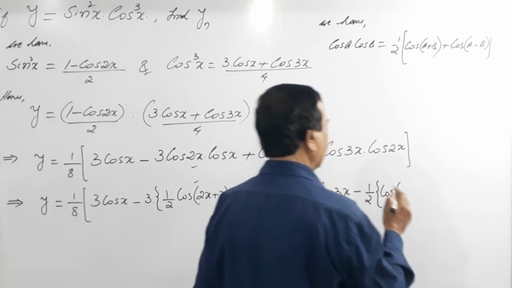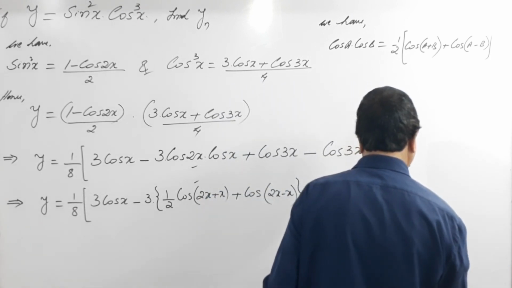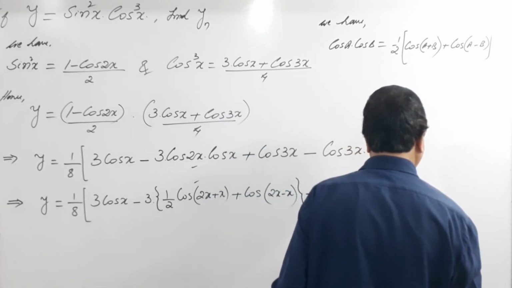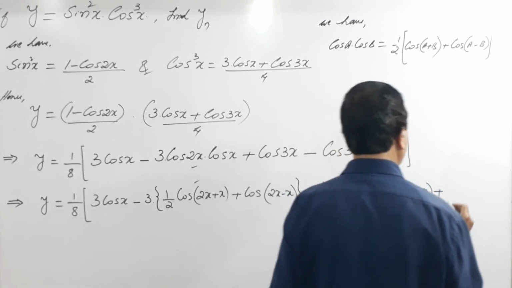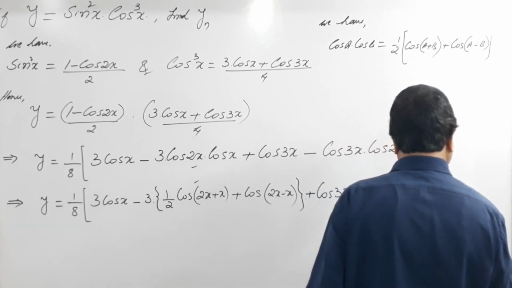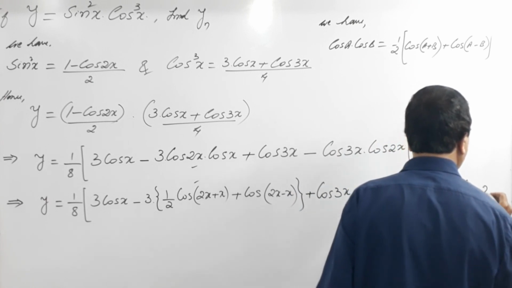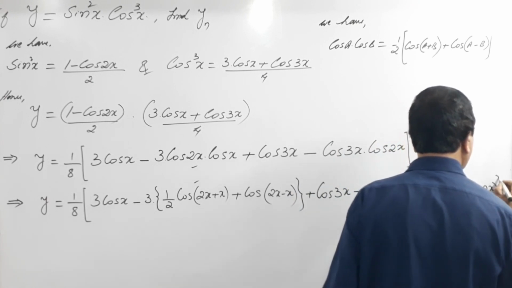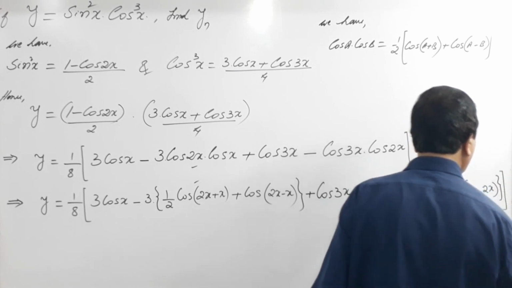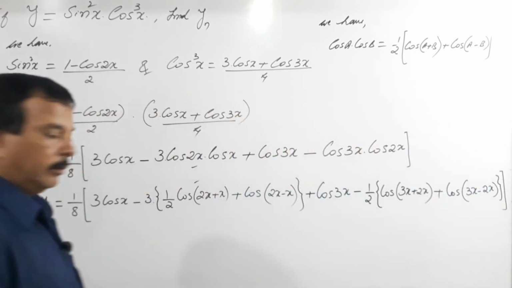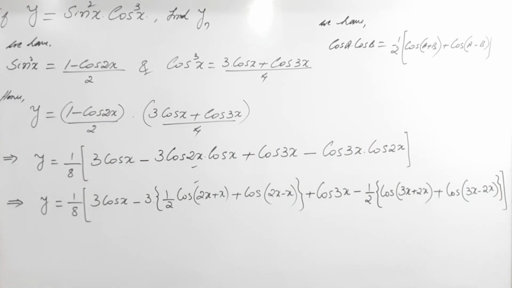So 3x plus 2x plus cos of A minus B, that is 3x minus 2x. Done.